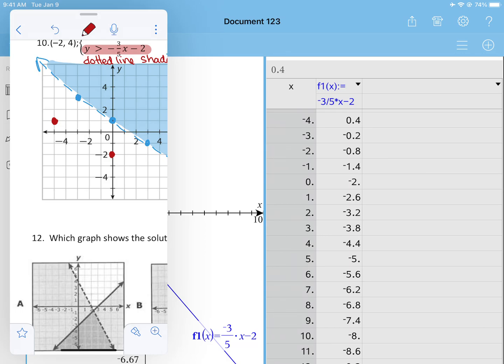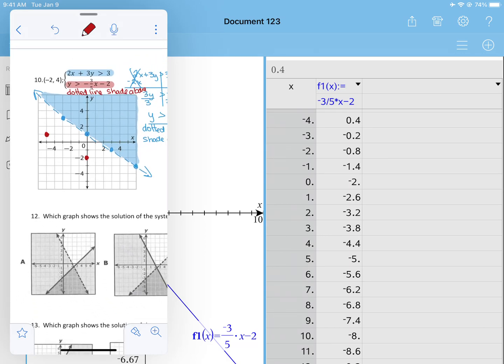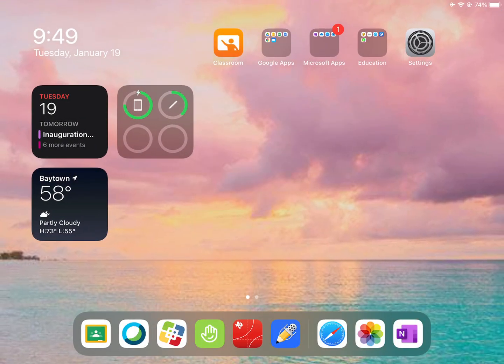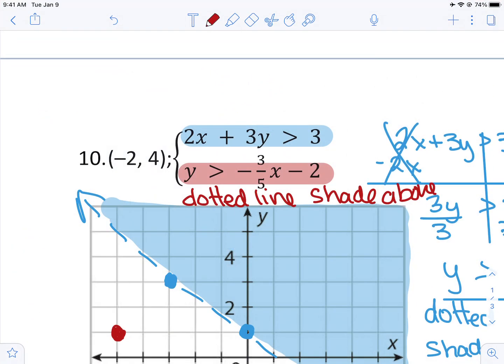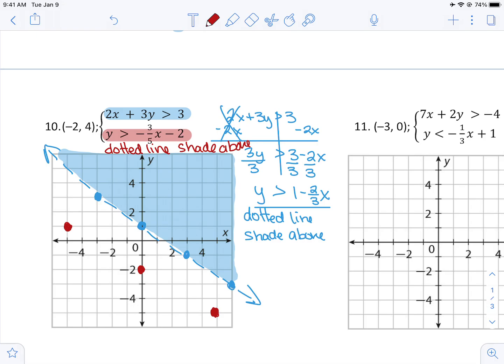5, -5. Okay. So when we look at this, again, we have a dotted line like that.